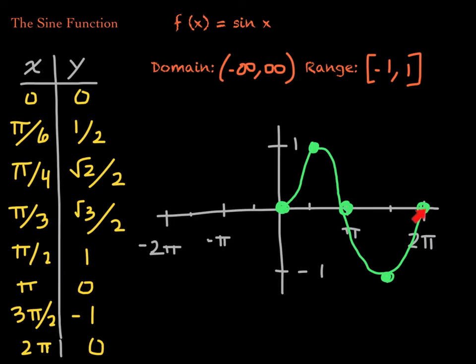If you keep on going, this cycle will repeat. You should be able to continue this way, and that's what I want to show you. This graph will continue in the same pattern in both directions. This is why it's considered a sine wave.